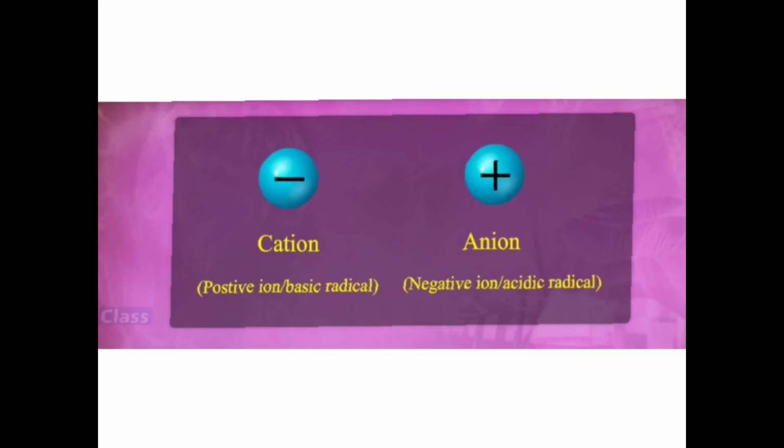Cations are the positive ions, or we can also say the basic radical. Here there is a mistake. It has to be plus, this has to be minus. And anion is the negative ion or the acidic radical.